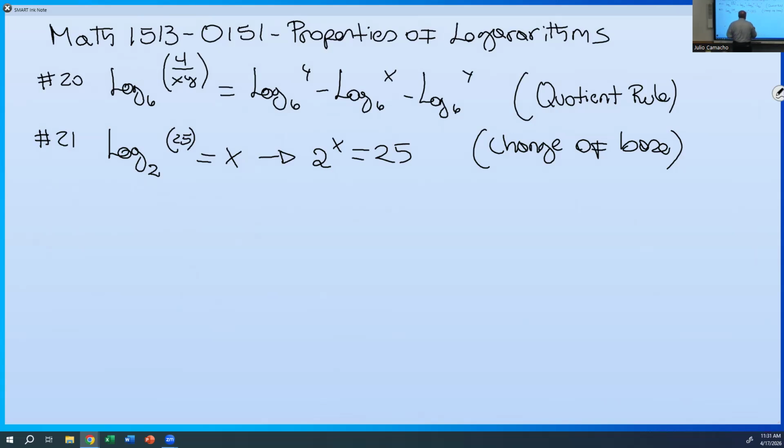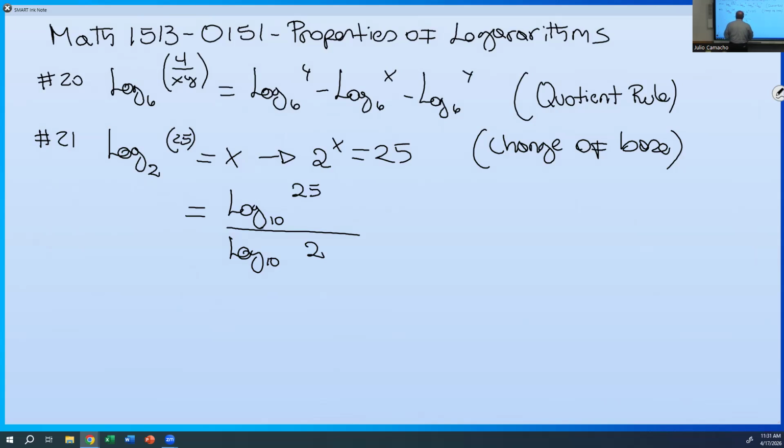But that will be equal to the log. You can even keep log 2. Let's change to base 10: log 10 of 25 divided by the log 10 of 2.